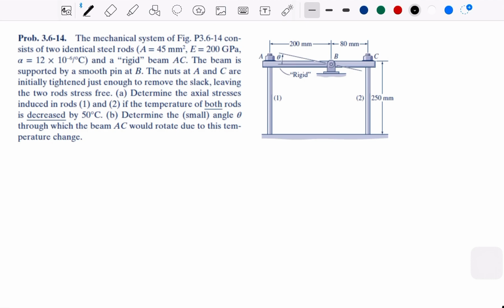And then it's joined or supported by the smooth beam at B. Smooth beam here, and by the picture you see that it's slightly inclined, which means that it can move, and this rod can have some movement through that B. So the beam AC can incline based on the B support.